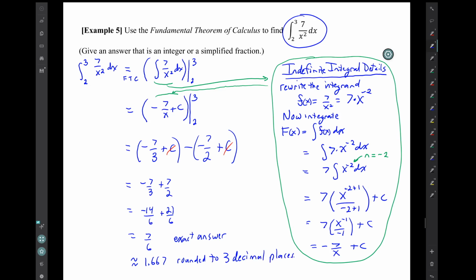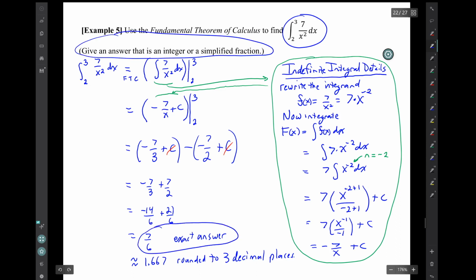There's our result. Now, notice that the instructions were to give an answer that is an integer or a simplified fraction. So that's this answer. The number 7/6 is the exact answer.